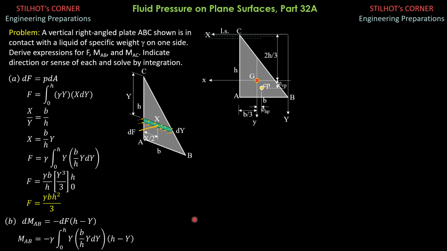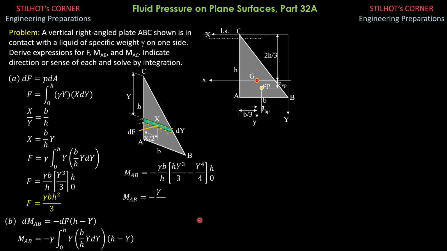So that would be gamma b over h, then integral of hy square, which is hy cube over 3, then minus y to the fourth over 4. Because we have here y squared times y, so y cube, the integral of y cube is y to the fourth over 4, 0 to h.